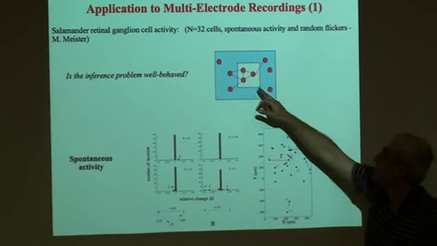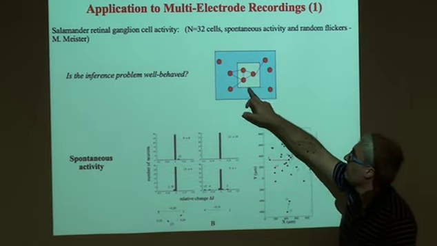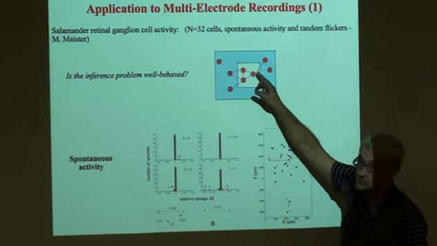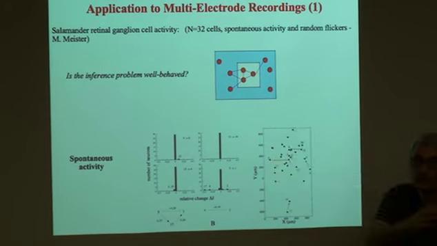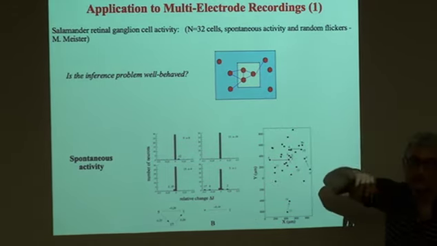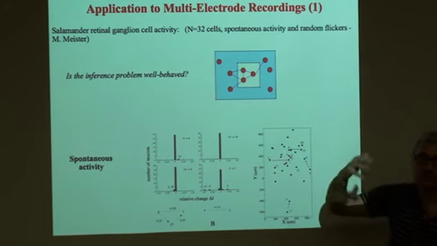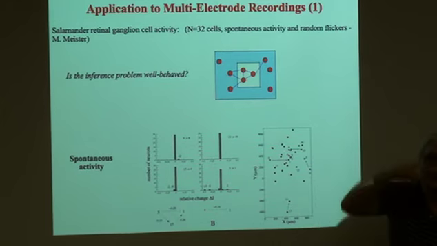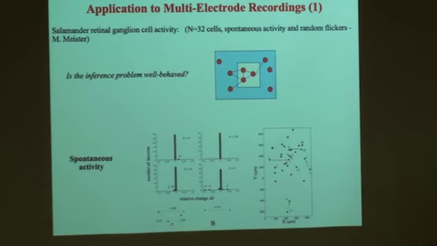So maybe, if I come with an electrode array, I get some interactions, and then a few years later, electrode arrays will be denser and bigger, and maybe I'll get a completely different set of interactions, assuming we can use the same standard retina. Obviously, that's not the case. But the question is, how much does what you infer depend on what you can't measure?